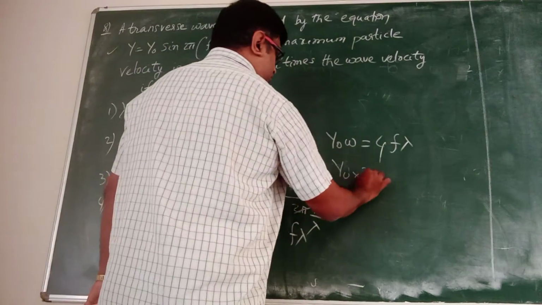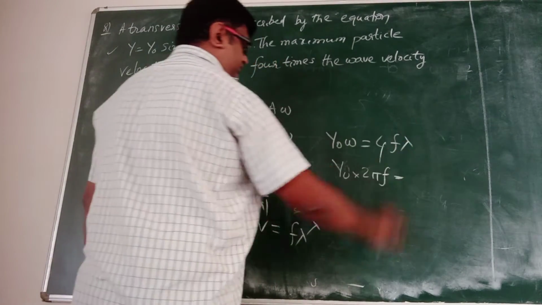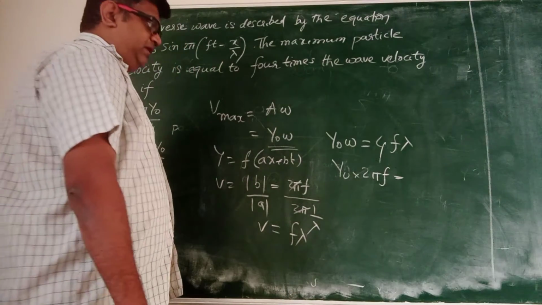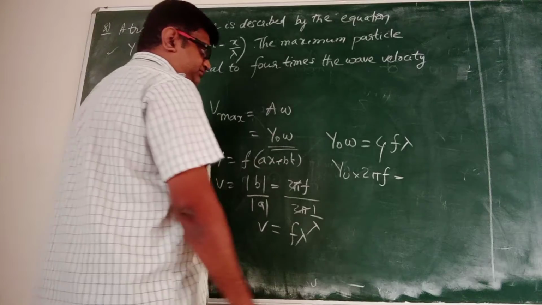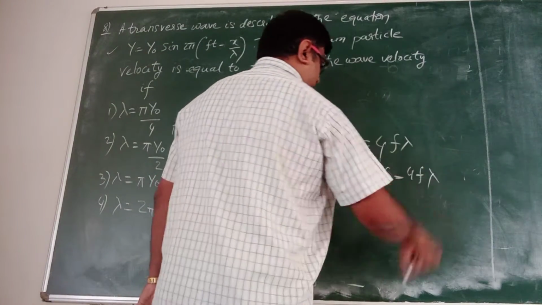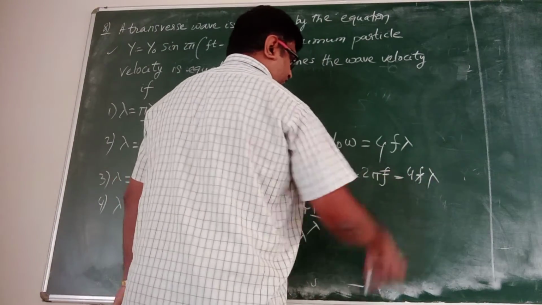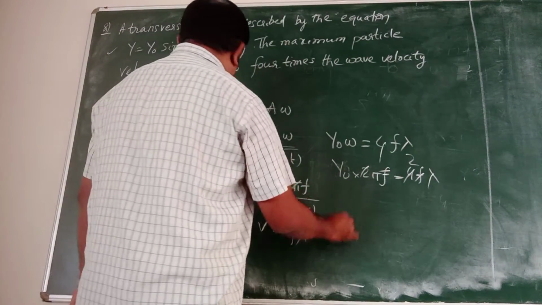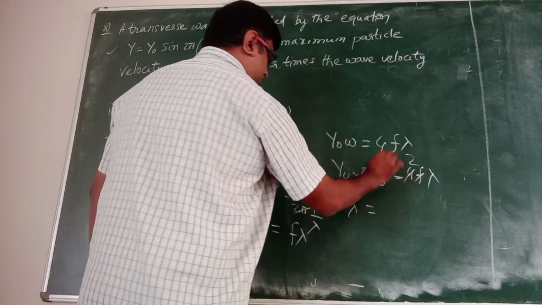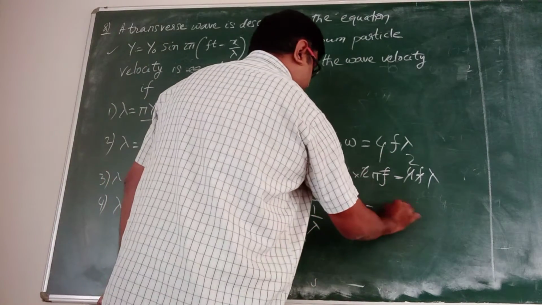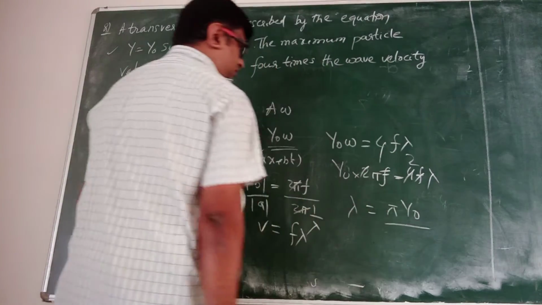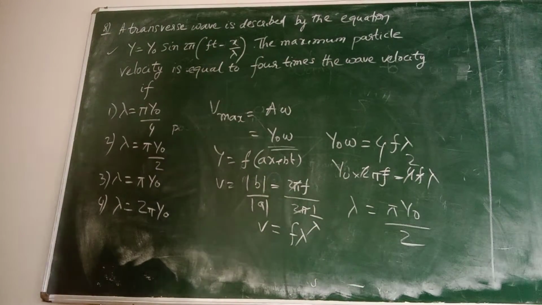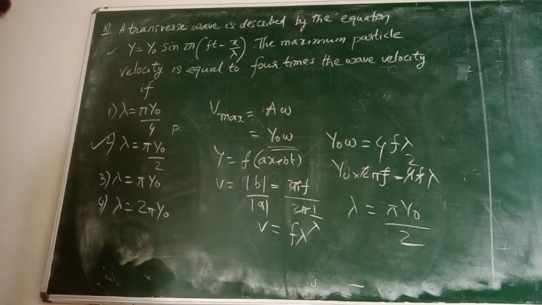Omega is equal to 2 pi f. So y0 times 2 pi f is equal to 4 f lambda. F cancelled. 2 times we want lambda. So lambda is equal to pi y0 by 2. This is the right answer.